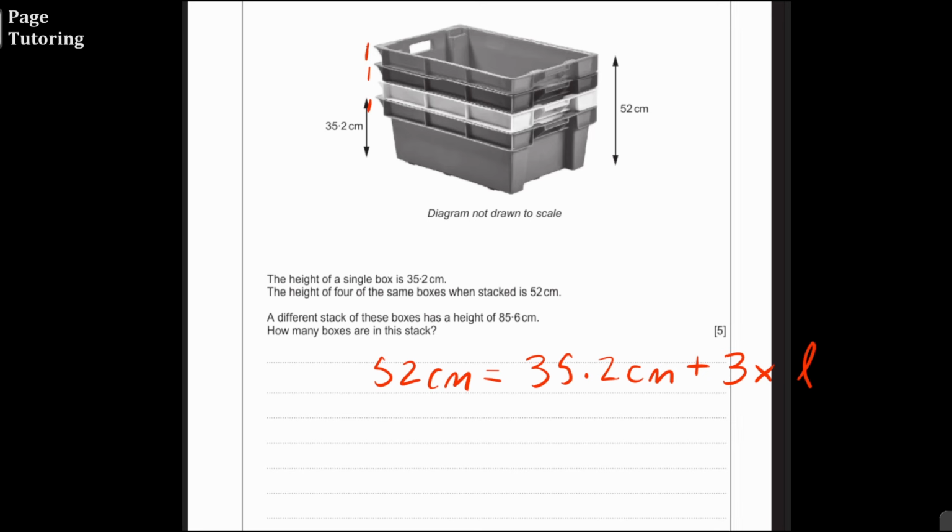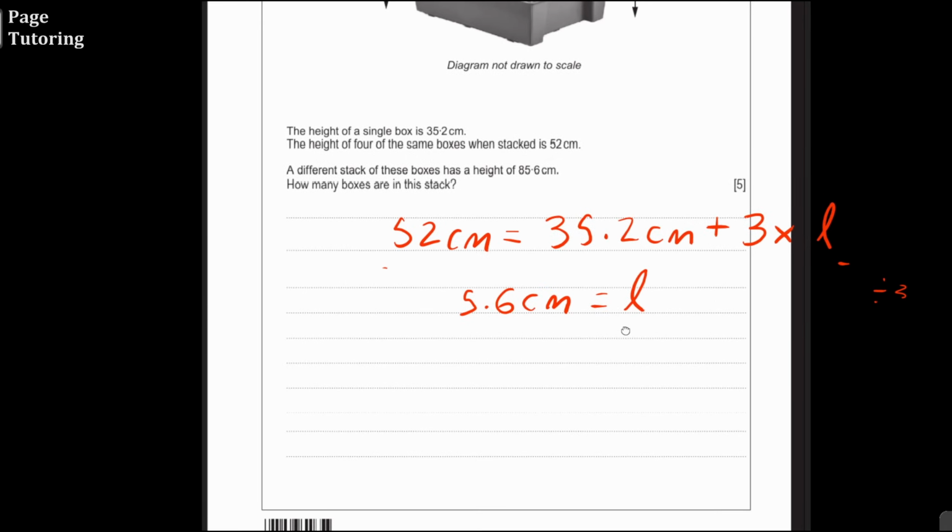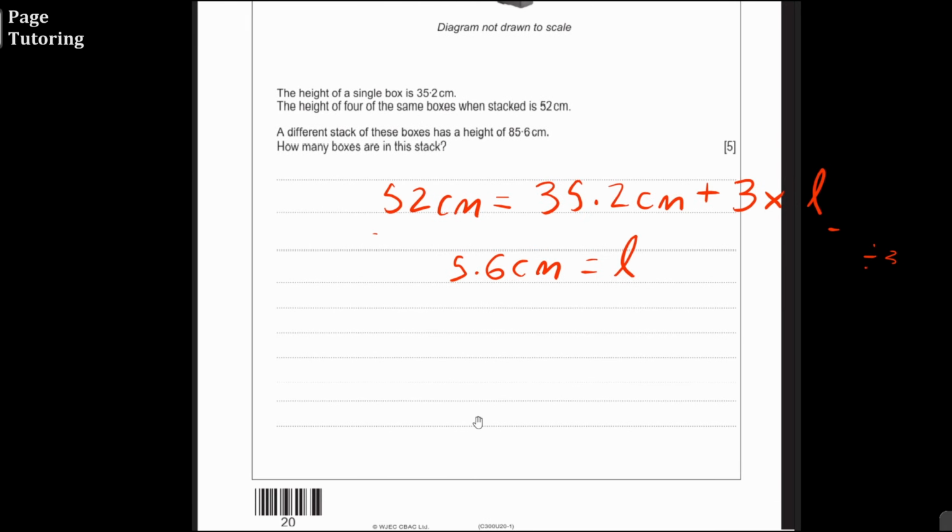To find what that little lip is, you do all your steps again, so you just minus 35.2, divide by your 3, and you get your 5.6 centimeters. So you find what your lip is. You do a little bit of algebra, that's okay. But then at this point, you might say, I don't want to do the algebra rearranging, I found that really difficult.